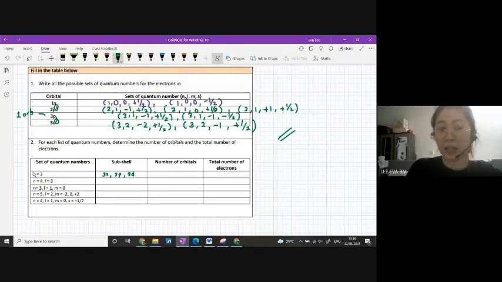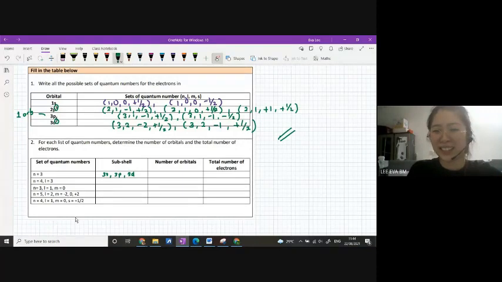Sebab sekarang ni untuk sini cuma fix value n saja. Dia tak bagi awak L value, dia tak ada bagi m value. So that means you need to list out all. So when n equals 3, L equals 0, 1, and 2. So you will have 3s, 3p, 3d.